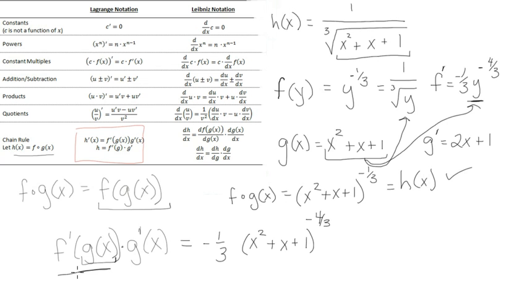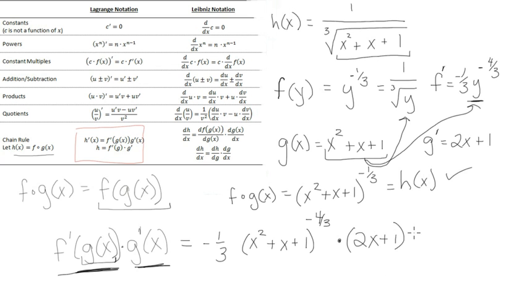So that gets me this first half of the chain rule. I've taken the derivative of f with respect to y, and then I've substituted in g of x for that y. And now I'm going to multiply it by the derivative of g, which was 2x plus 1.